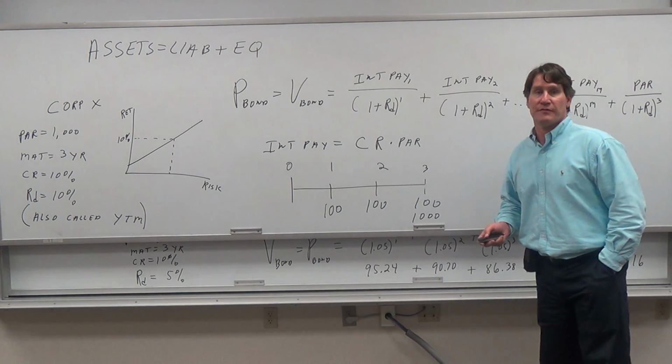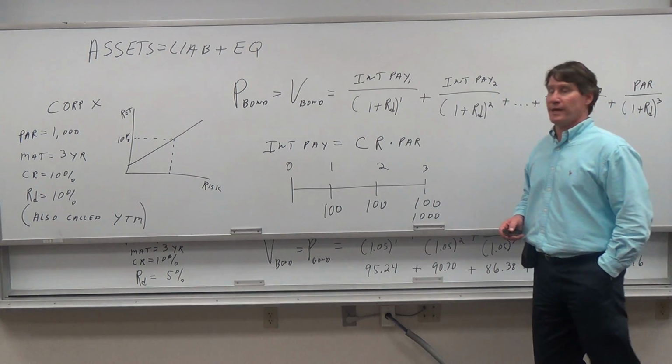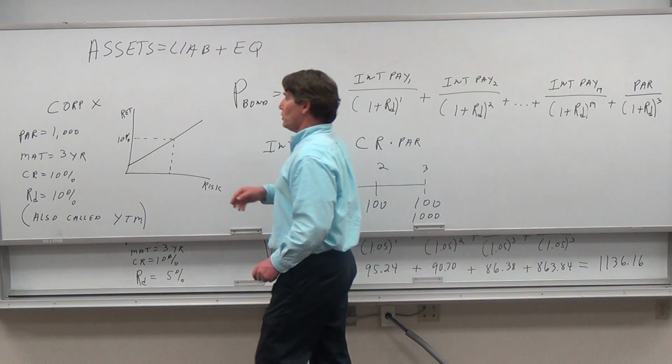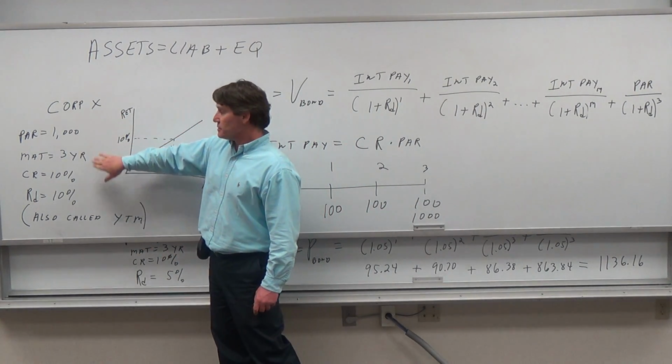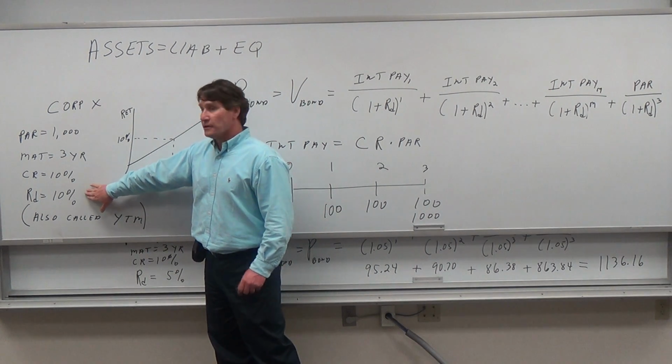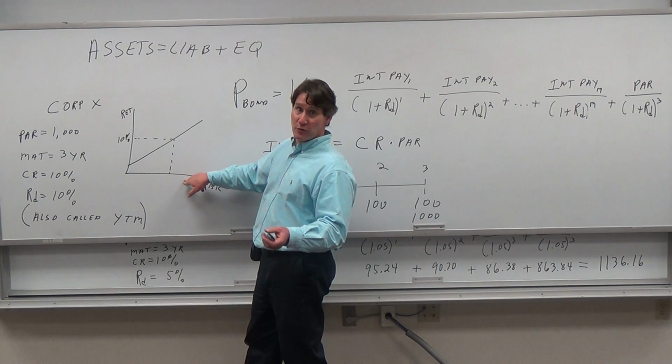Investments of like risk are given 10%. So Corporation X is going to set the coupon rate at 10%. So Corporation X wants to borrow $1,000. They want 3 years to pay back. The market wants a 10% return on investments of like risk.